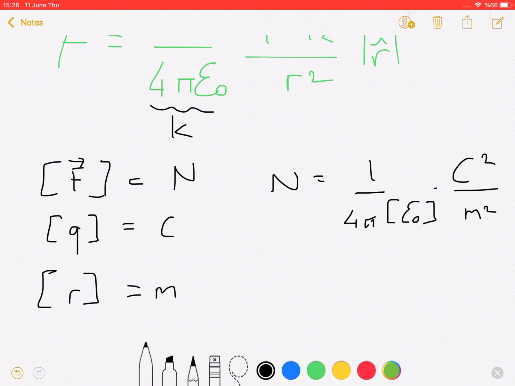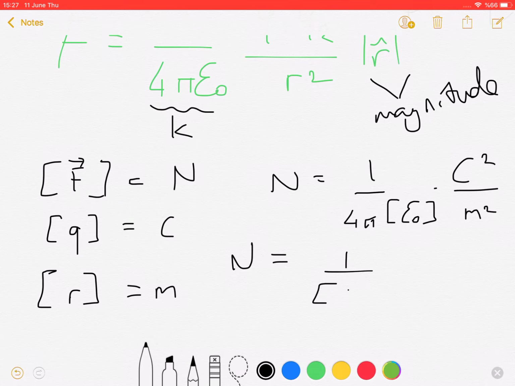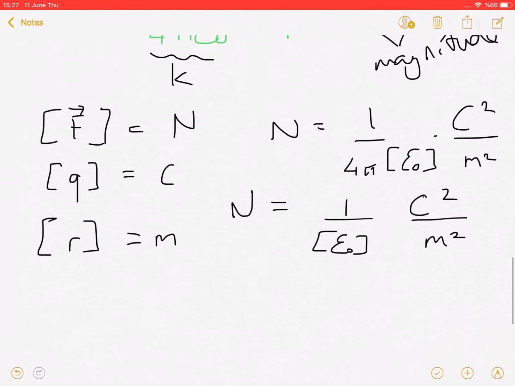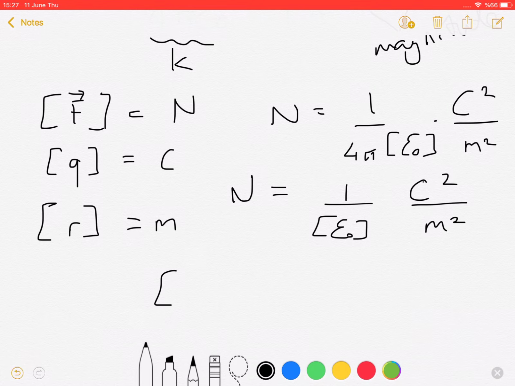The unit of directionality is nonsense because the magnitude is 1, just a magnitude. The unit of 1 over 4 pi is nonsense again. So I have Newton divided by the unit of epsilon 0, C squared divided by m squared. So what is the unit of epsilon 0?